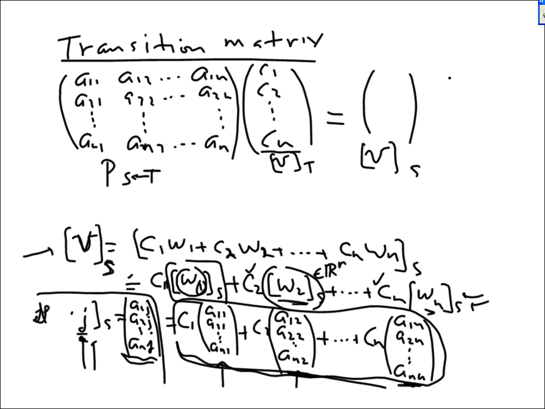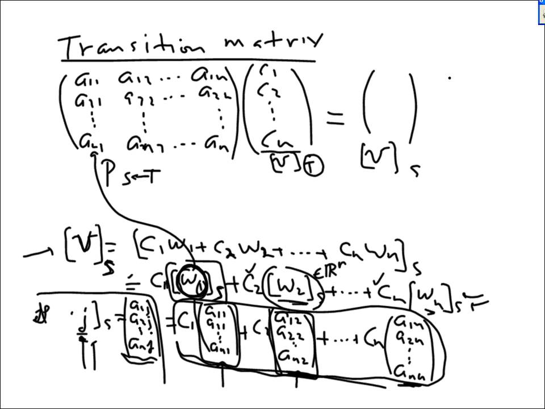Now, remember, where did we get these entries? The answer is, with respect to the vectors in T, I found the coordinates of W1, which was a vector in basis T. I found the coordinates of vector W1 with respect to S. That ended up in the first column.